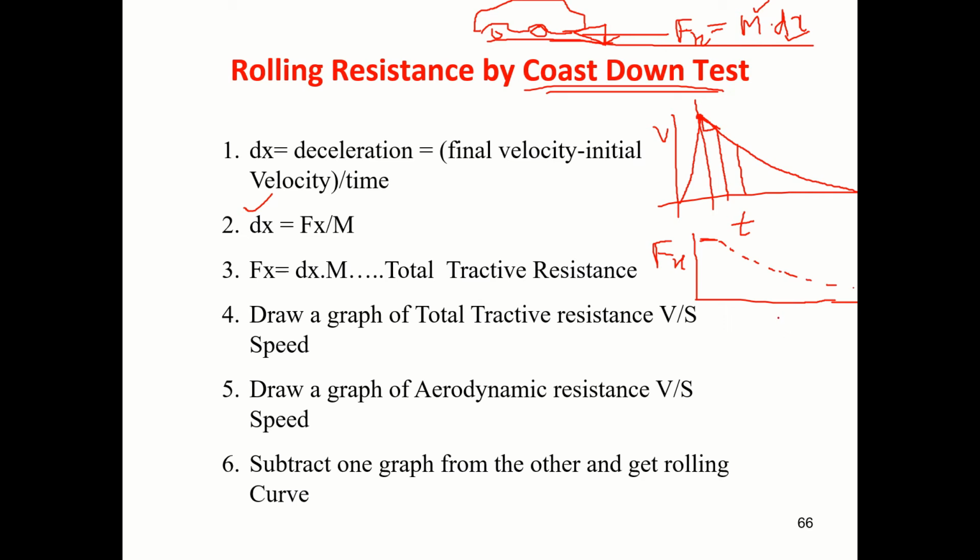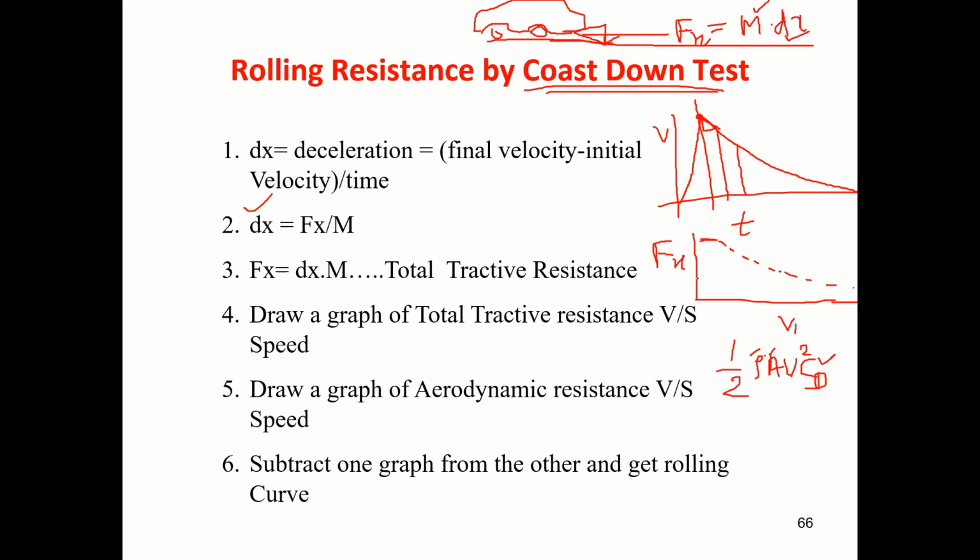Okay, right, fine. Vehicle speed you measured. So this consists of two things: aerodynamic resistance and rolling resistance. So in this aerodynamic resistance we can calculate half rho A v square Cd. As we measure v, assuming all these are constants, we can calculate the aerodynamic resistance.